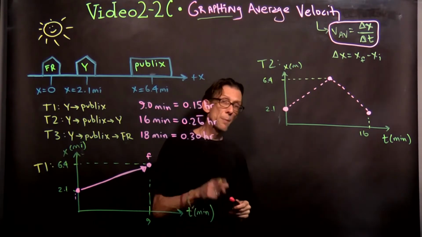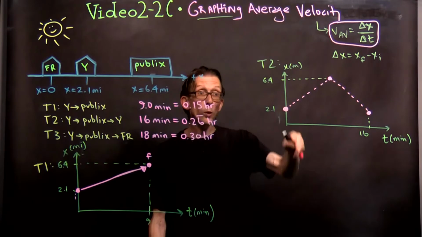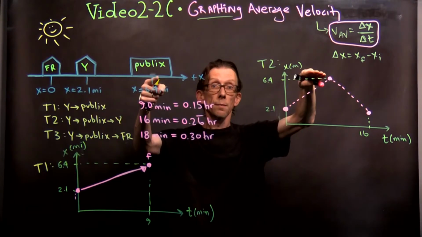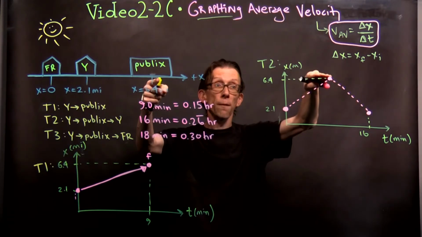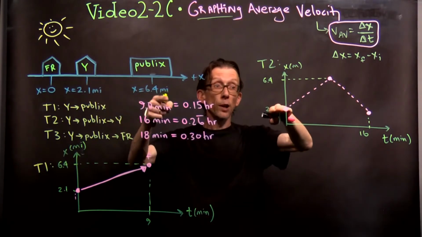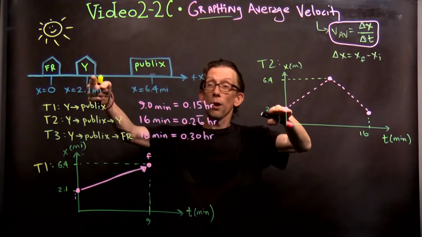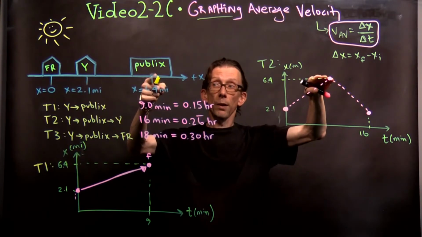Okay. So what's happening here is that you are ending up where you started. You increased your position as you went from your house to Publix, and then you decreased your position as you went from Publix back to your house. You start at your house, you go to Publix, you turn back around and go back to your house.